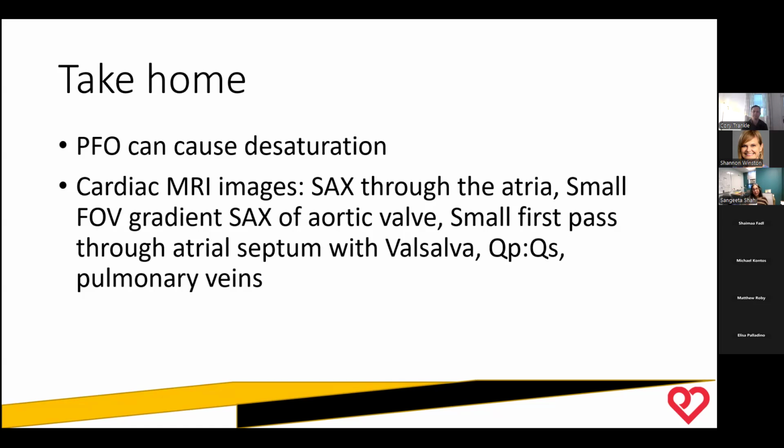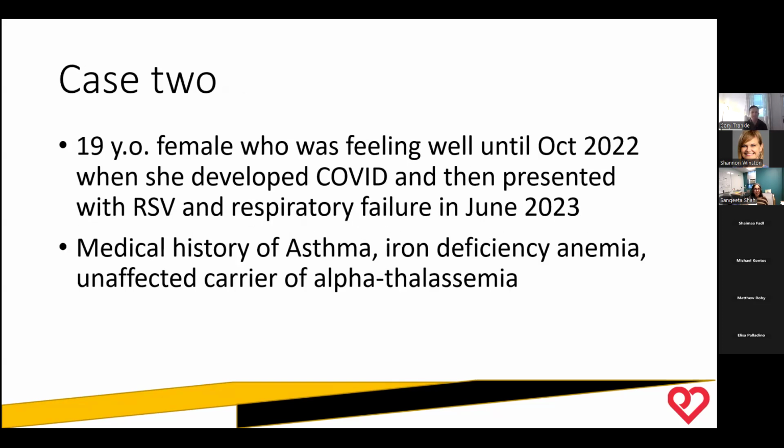But I agree with you. This isn't the first modality always to look just for a PFO. Great, thank you. I think the highlight is sometimes we can see it, and if we pay attention, we'll see it more often, especially in those clinical cases.